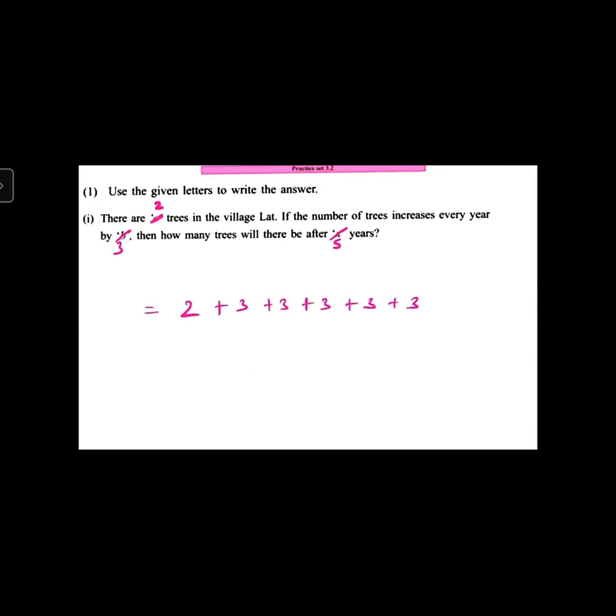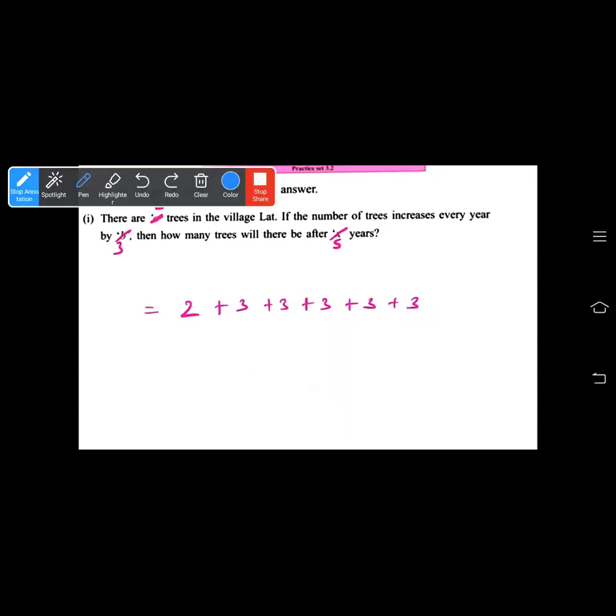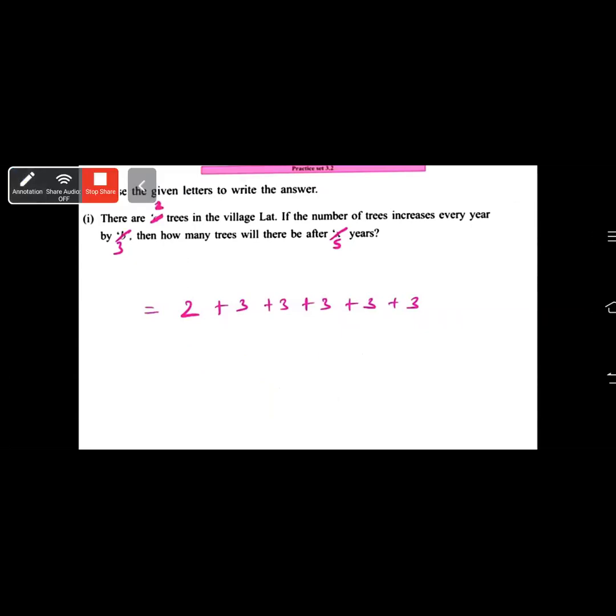So how you will write: 2 plus 3 plus 3 plus 3, 3 you will write 5 times because 5 years are there. So it will become 3 multiplied by 5, also you can write 2 plus 3 multiplied by 5. In the same way you just have to write this.